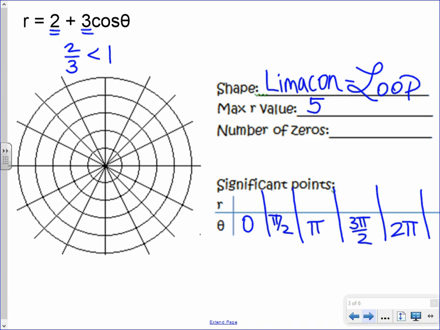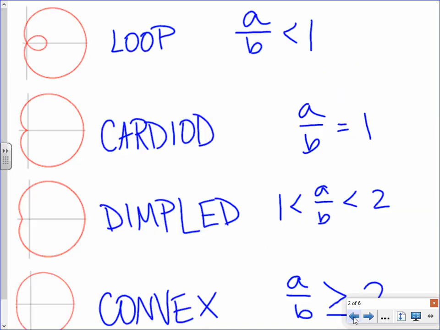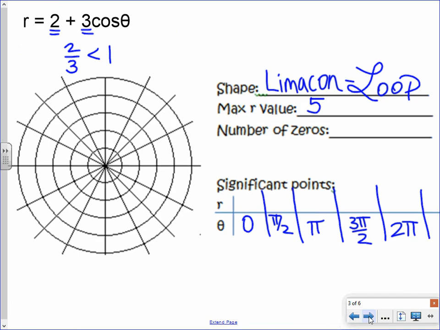You notice that all of these graphs, all of the points that are on both the vertical and horizontal axes, they come from those angles, 0, pi over 2, pi, 3 pi over 2, etc. So that's all we need to make our shape. Now it's just a matter of plugging them in.